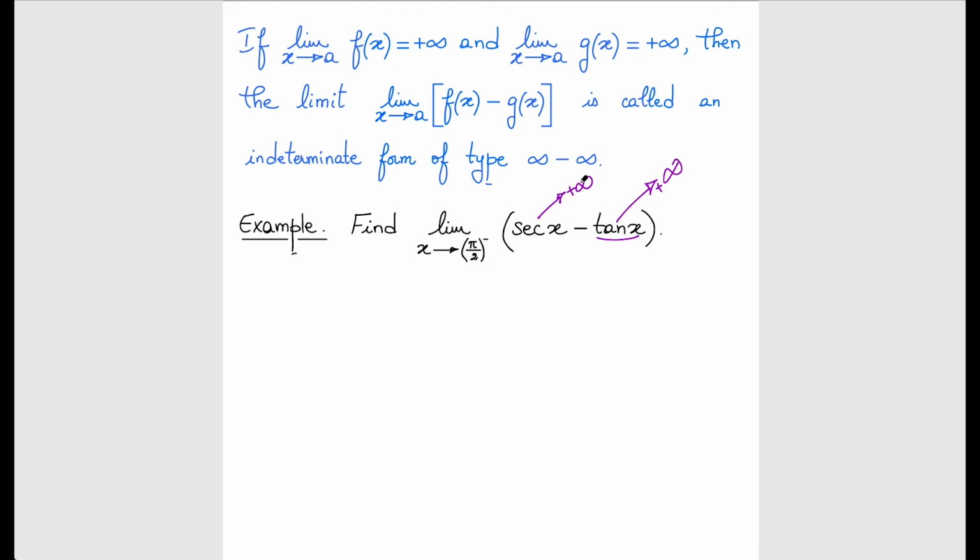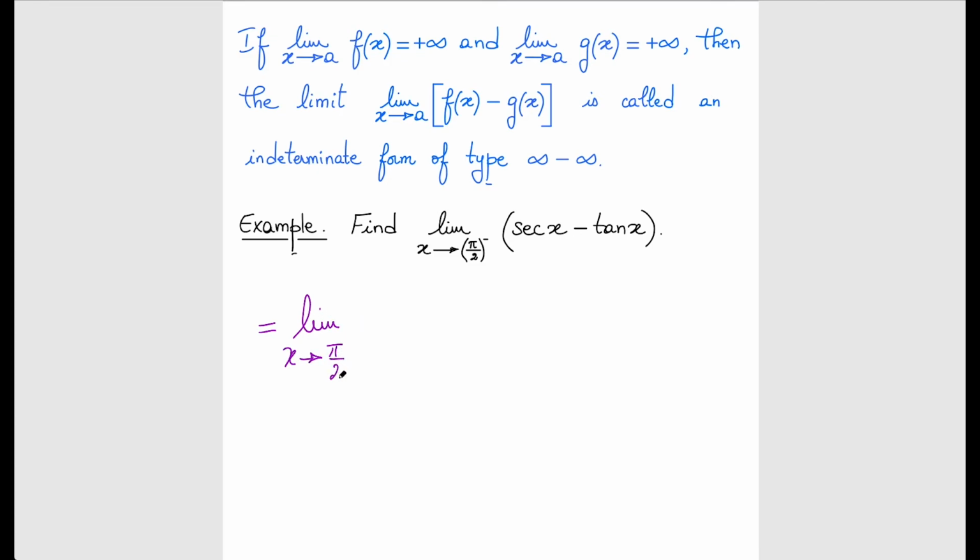So this is a situation where I have plus infinity minus plus infinity, which is an indeterminate form of that type. And as such, I need to do something about it so I can find the actual value, if that value exists. All right. So as we said, secant is 1 over cosine.